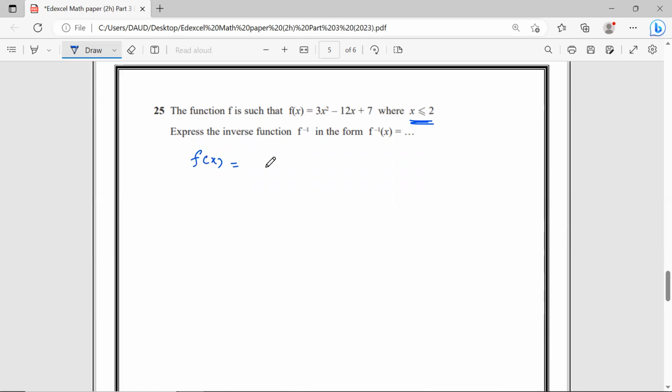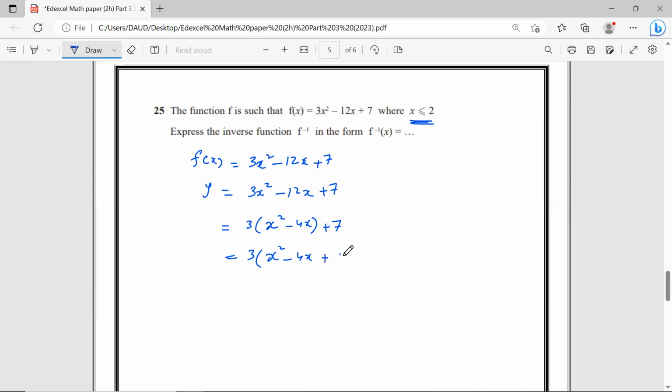f of x is equal to 3x squared minus 12x plus 7. So we will suppose that y is equal to 3x squared minus 12x plus 7. I will try to use the completing square method. So take 3 common: x squared minus 4x, plus 7. Here the coefficient of x is 4, so we will take half of 4, which gives us 2.